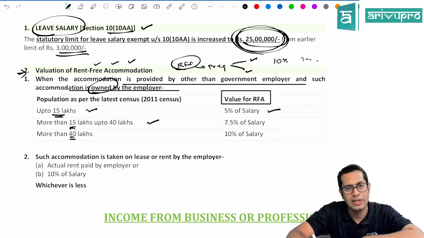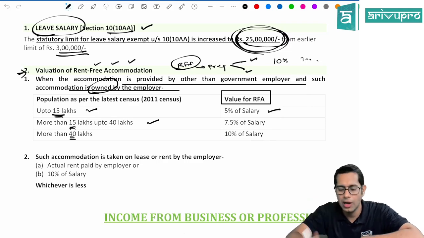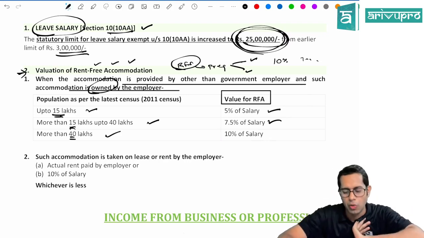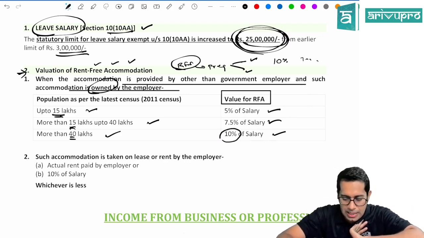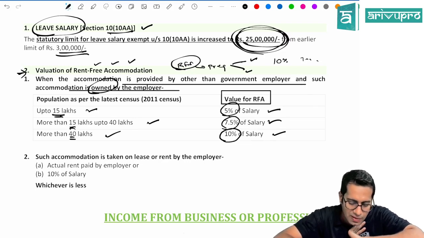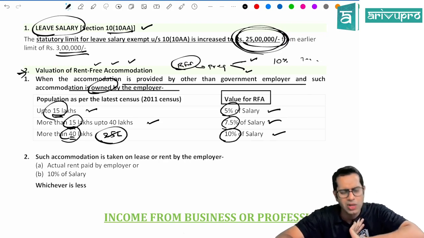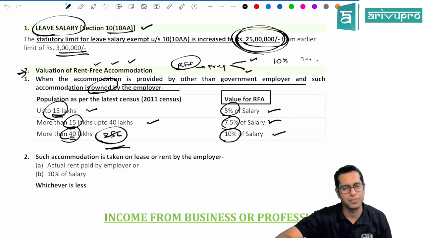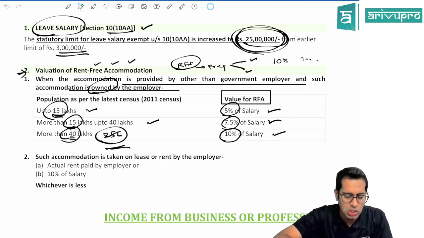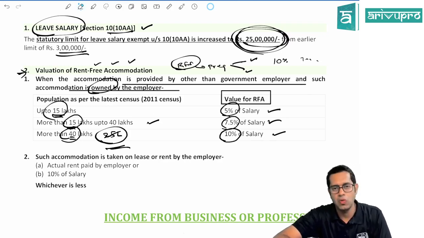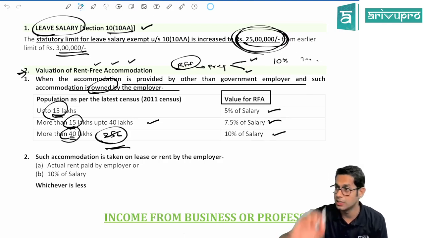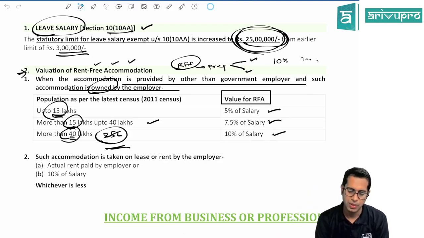If it is more than 15 lakhs up to 40 lakhs, 7.5% of salary, and if it is more than 40 lakhs, it is 10% of salary. These limits have been changed. Before it was more than 25 lakhs, but now they have increased it to 40 lakhs. So 15 lakhs, 15 to 40, and more than 40. Here it is 5%, 7.5%, and 10%. This is an important change.